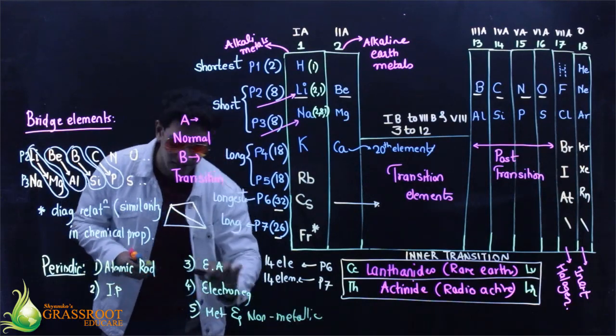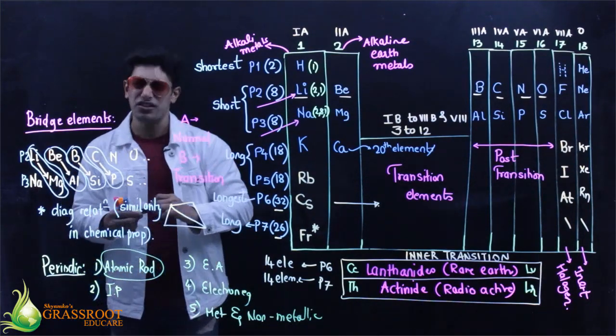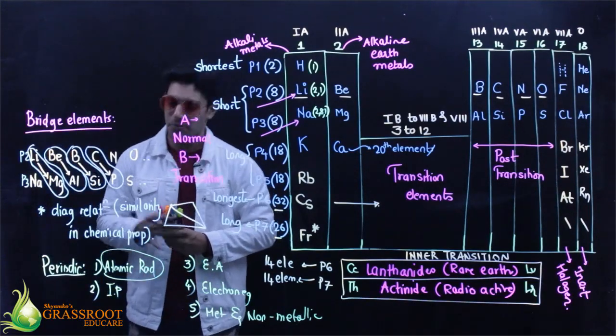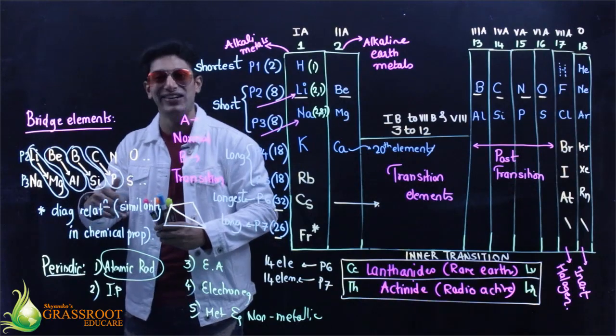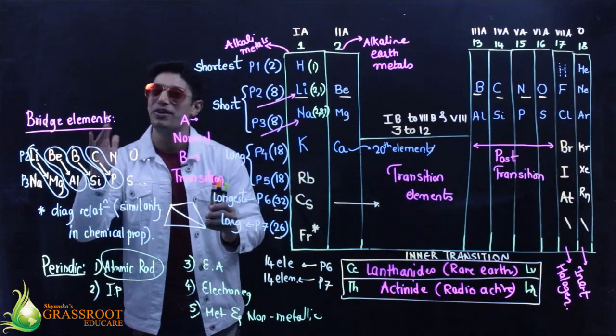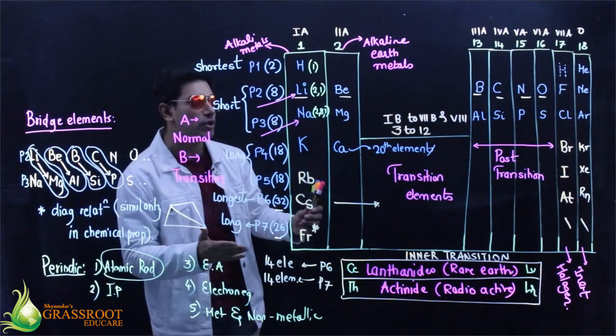So now let's start with atomic radius as the first periodic property. Till now, what we have done is a briefing of 9th standard, a quick review. The main chapter starts from here. You should know the basics.